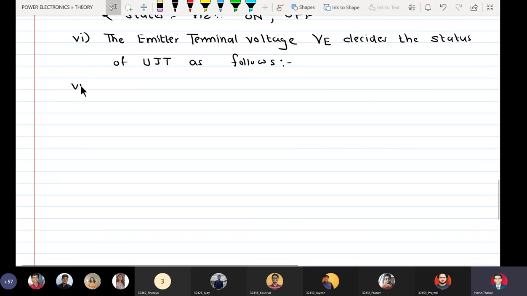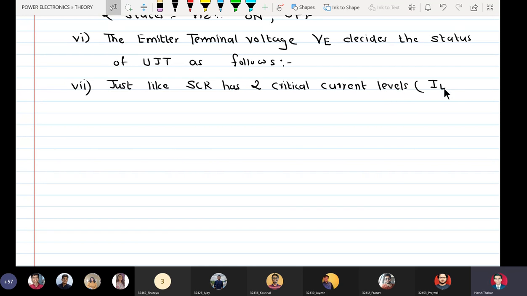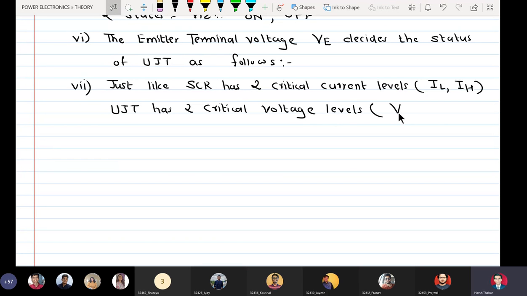So emitter terminal VE decides the status of UJT as follows. So we can say here that just like SCR has two critical current levels, latching current and holding current, UJT has two critical voltage levels, peak voltage and valley voltage.